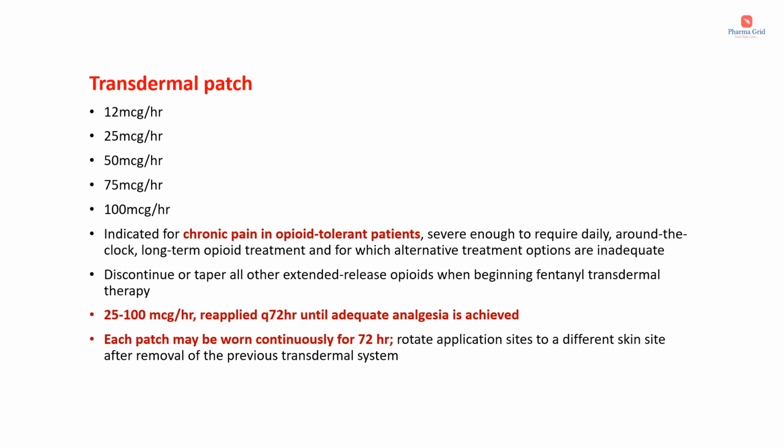The normal dose is 25 to 100 microgram per hour, reapplied Q72 hour until adequate analgesia is achieved. Each patch may be worn continuously for 72 hours. 72 hours means 3 days. Rotate application sites to a different skin site after removal of the previous transdermal system.